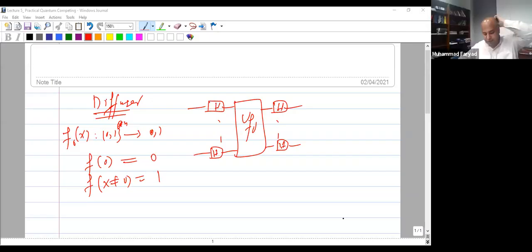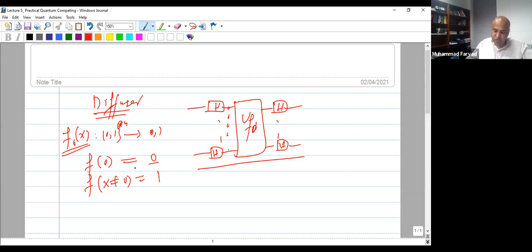All right, thank you. So we were talking about this diffuser circuit, and this implements an oracle UF naught with function f naught of x, such that this f gives 0 if the input is 0. So if over here all bits are in the 0 state, we get f naught as 0, and if x is not 0, it gives 1.